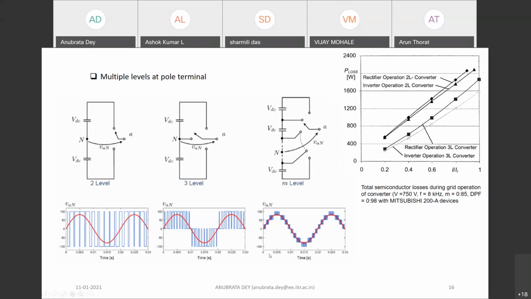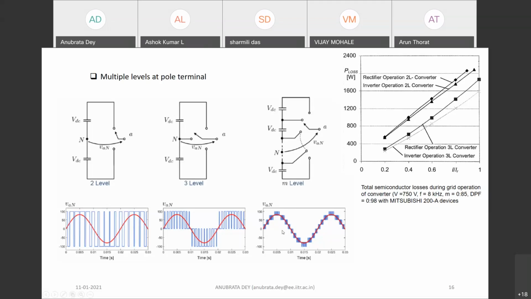But if you look at the waveform, you have a stair-like waveform, right? When it's m levels, m is quite big here, larger than 3, so you have many stairs in the output voltage. So it is very easy to synthesize the fundamental output with a smaller number of harmonics involved.